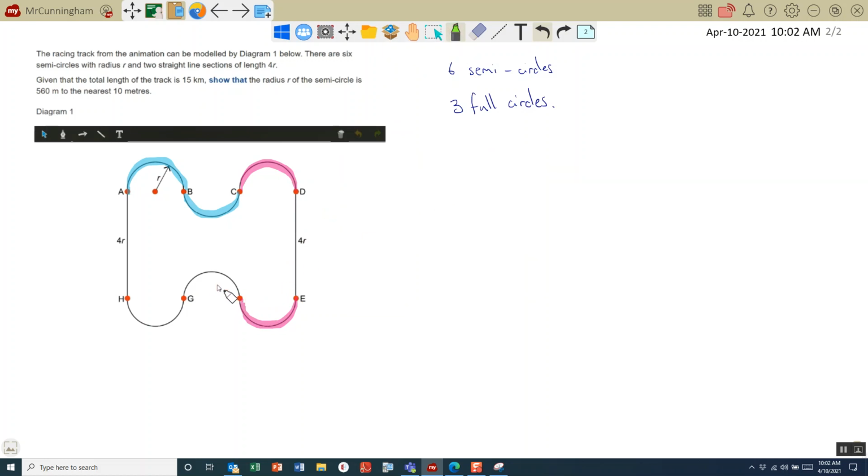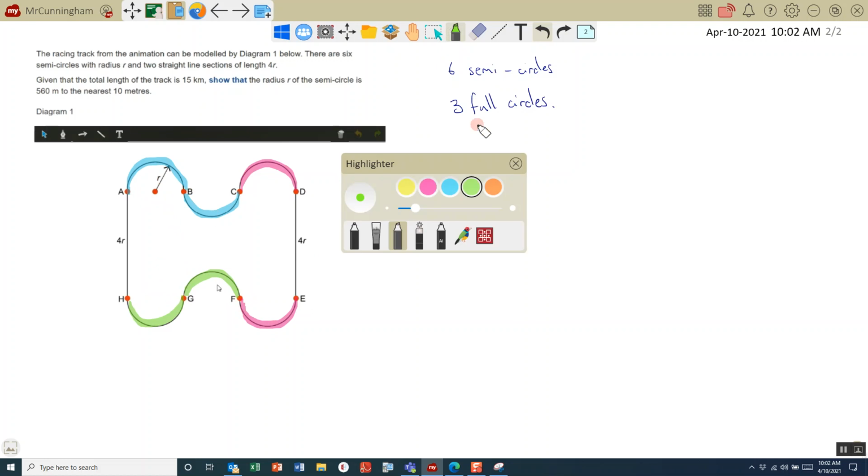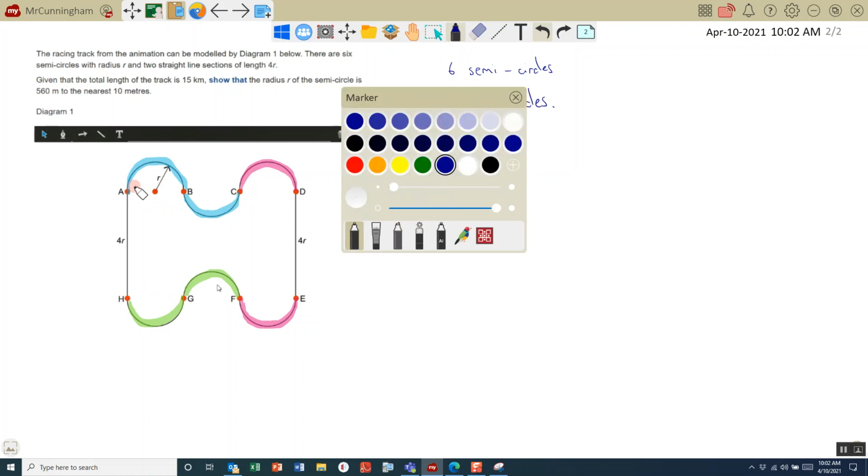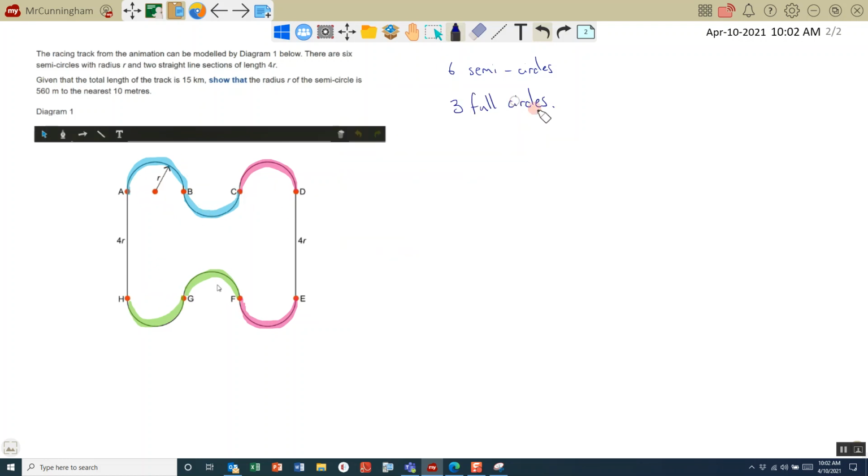And then I've got another circle right here, half and half. So that gives me 1, 2, 3 full circles. And I want to work out the distance around each of these circles. So the distance, let's do around 1 circle.